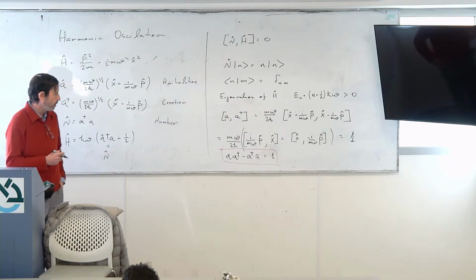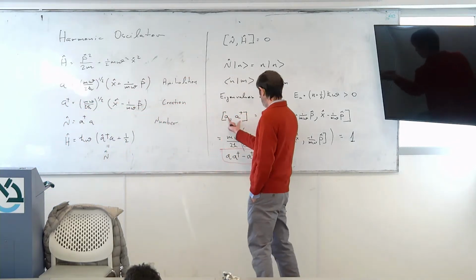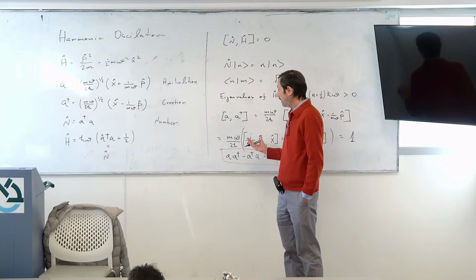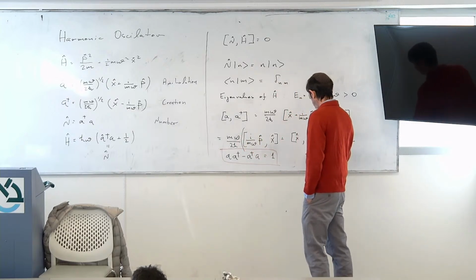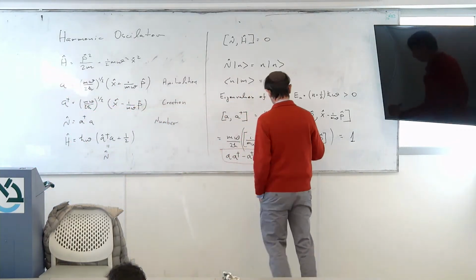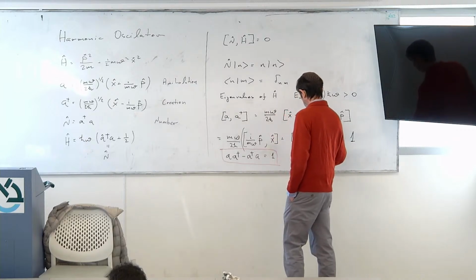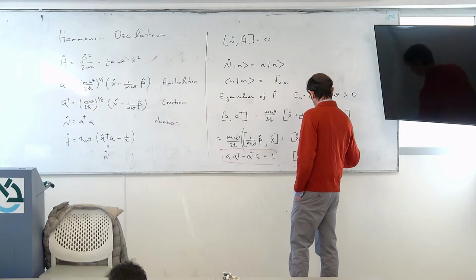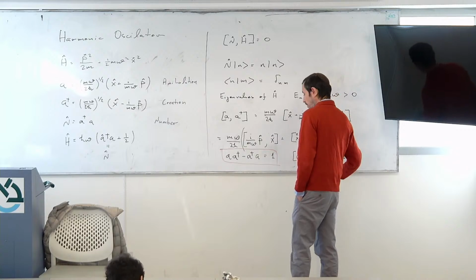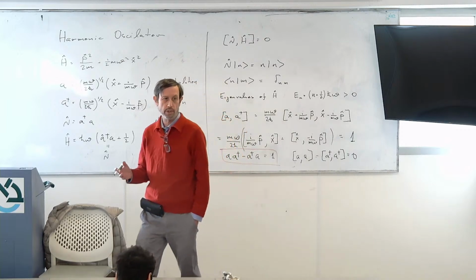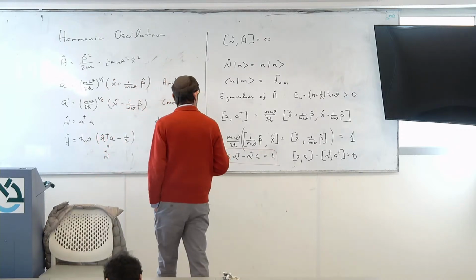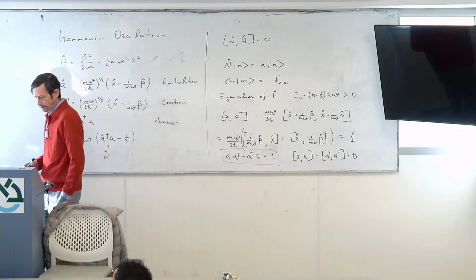Just before leaving commutation relations, I can ask about A dagger and A dagger, and any commutation relation of an operator with itself is always 0. Okay, so that's trivial, but I just wrote it there.